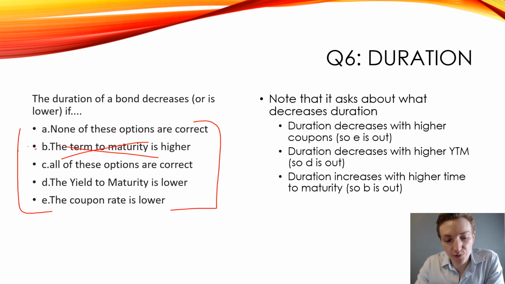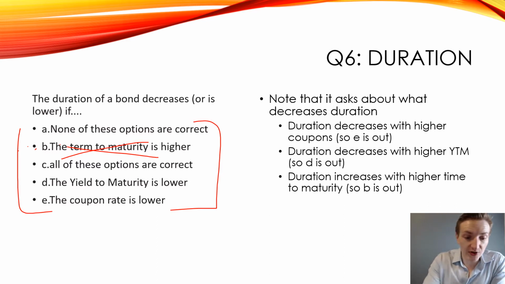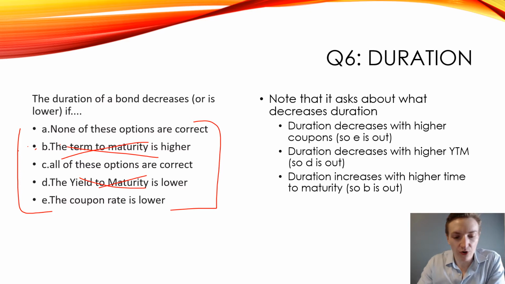The next potential option is the duration will decrease if the yield to maturity is lower. Now, say the yield to maturity is lower, the duration actually increases. That's because when the yield to maturity goes down, the effect of compounding also goes down. Therefore, the duration is going to increase. So this one is also incorrect.